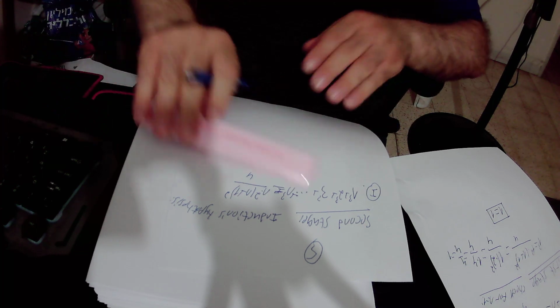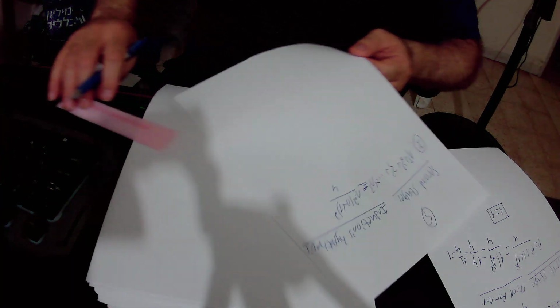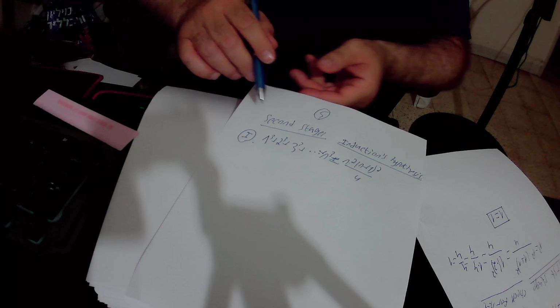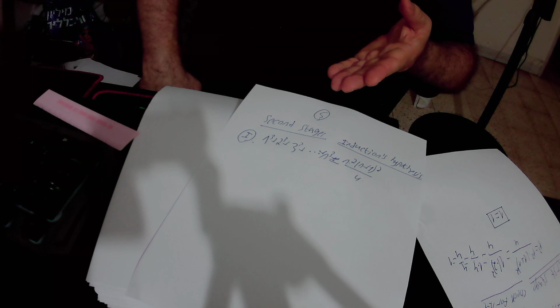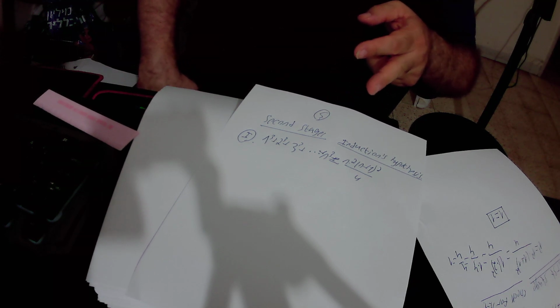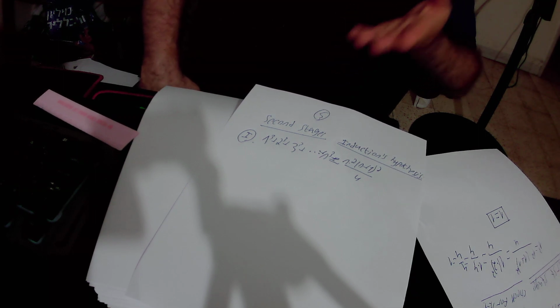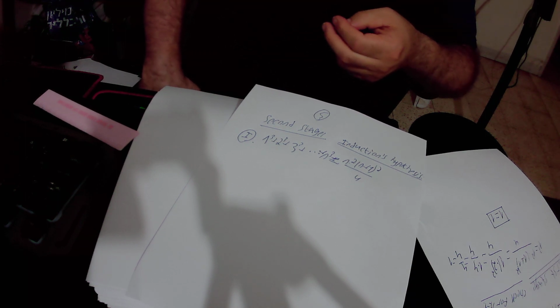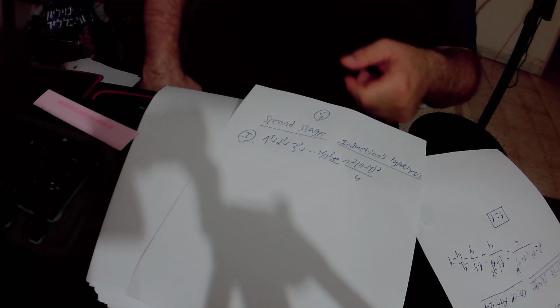That is to say, we assume that the expression of the statement for n is true. We assume that equation 1 is true, and when we rely on that assumption, we will prove that the expression of the statement for n plus 1 is also true.